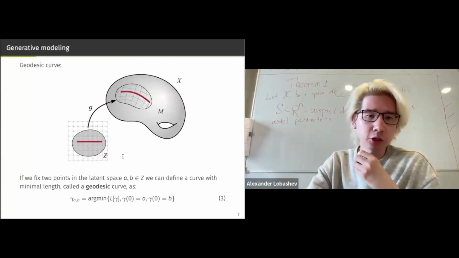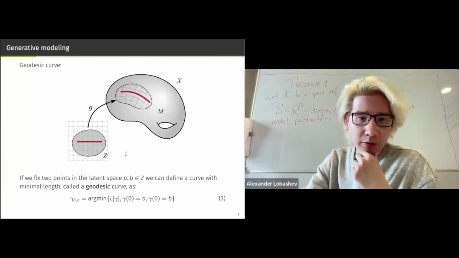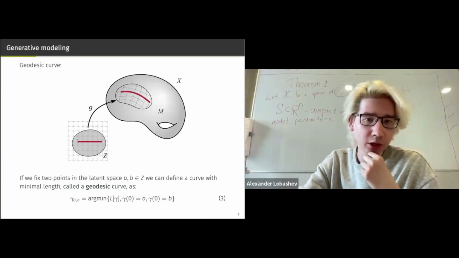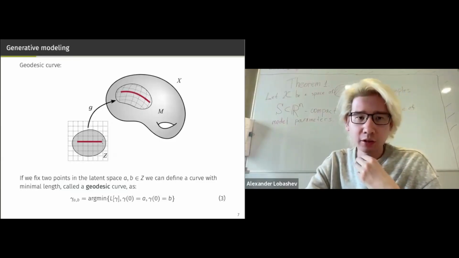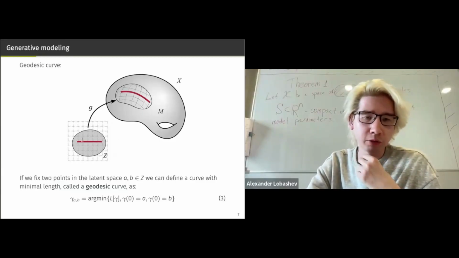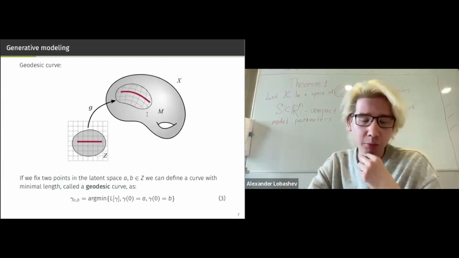So as I already mentioned, both GANs and VAEs have a latent space, and we could just take two random samples from Gaussian noise and convert them into an image.